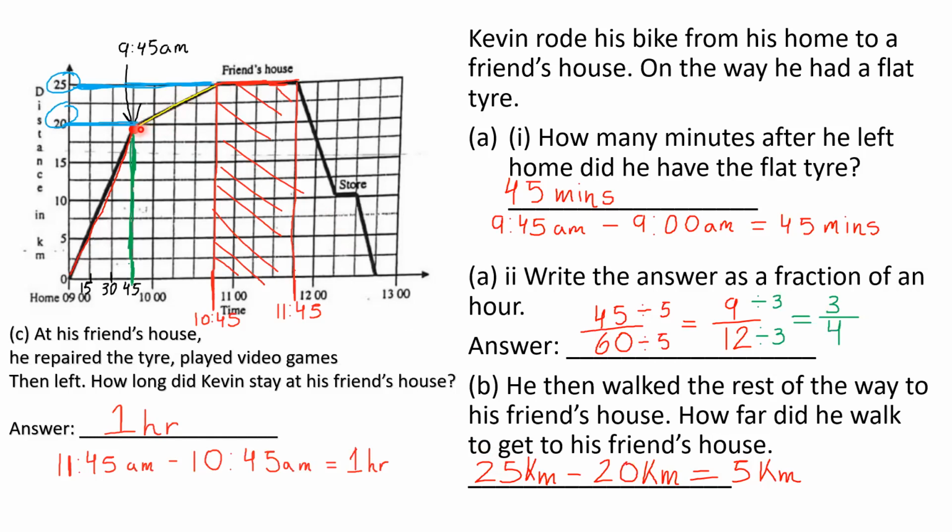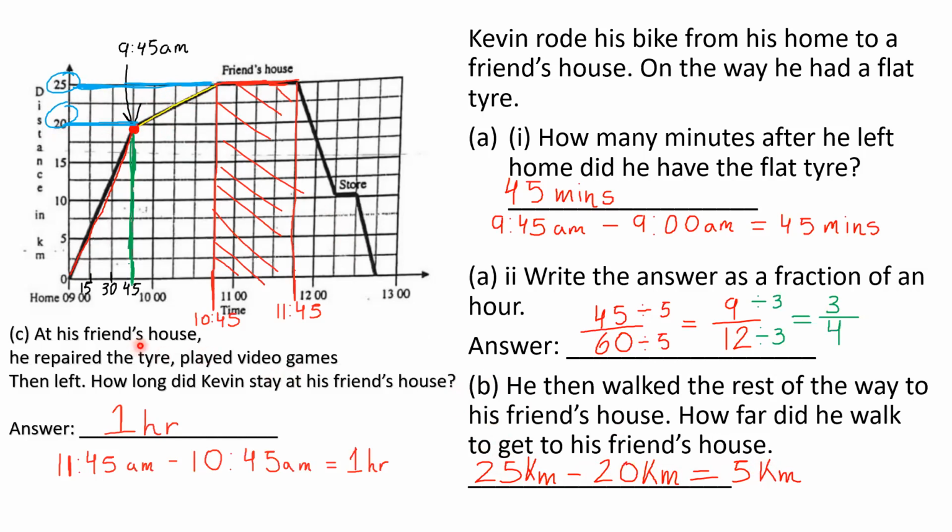He started at 20 and he ended at 25. So what do we do? We subtract them. 25 kilometers minus 20 kilometers equals 5 kilometers. Good.